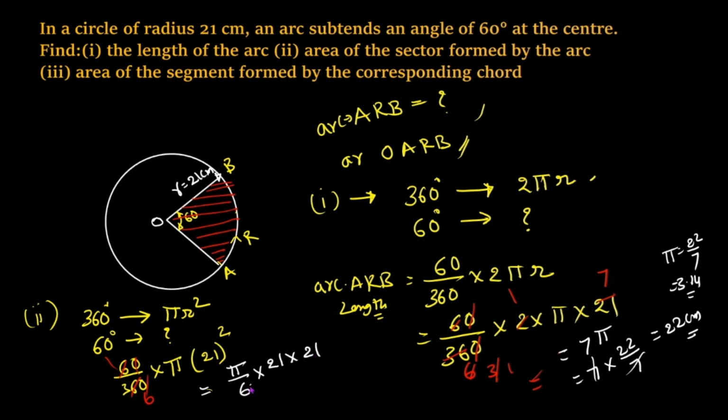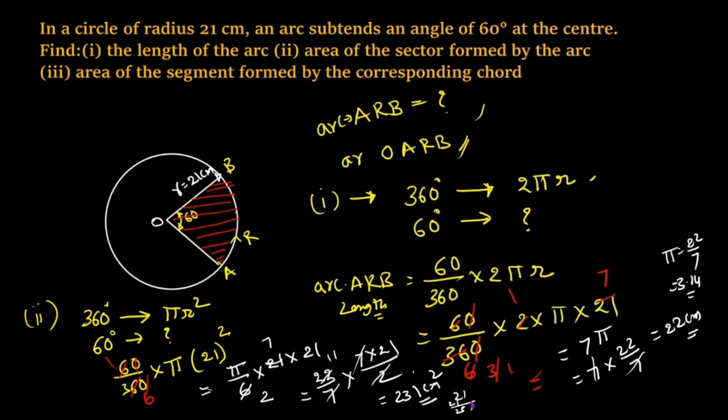So if we put three 2s are 6, and 3 7s. Pi can be written as 22 by 7. So 22 by 7 into 7 into 21 by 2, right? Here the 7 gets cancelled, and we get 11 here. So the area is 231 centimeter square.